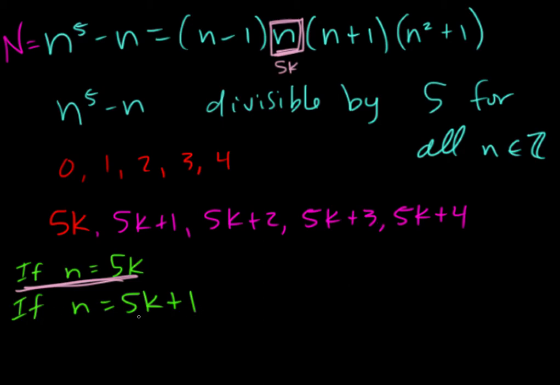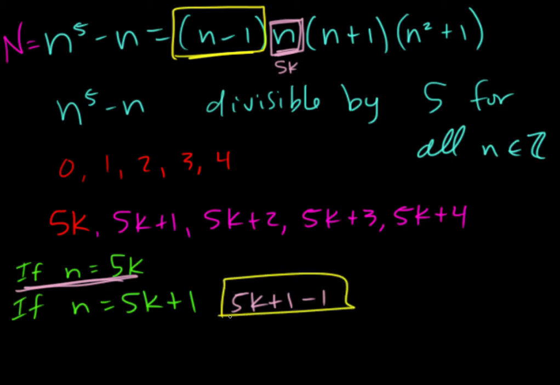On this next one, if n is 5k plus 1, then if we did 5k plus 1 minus 1, so if I plugged it into this, that simplifies down to 5k, so we know that it's divisible in that case.